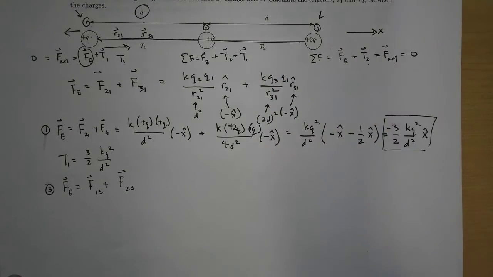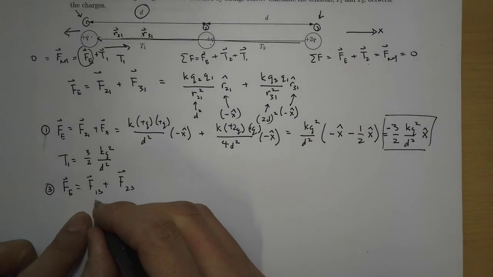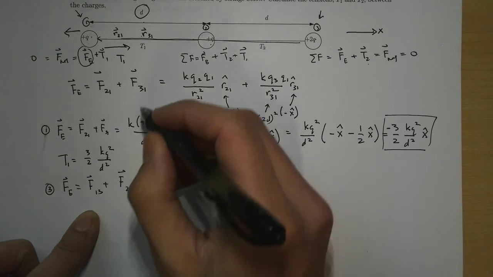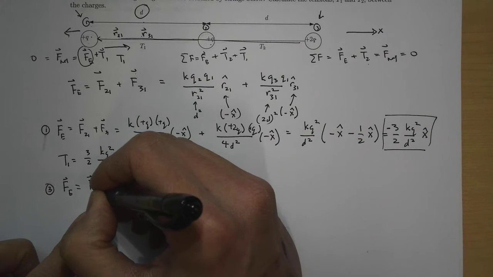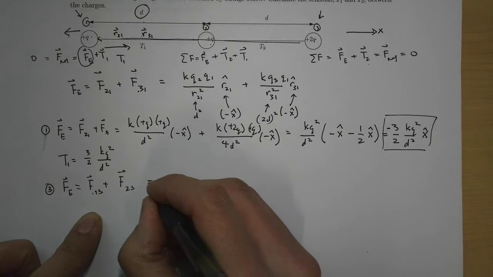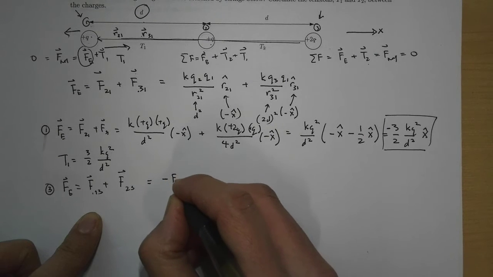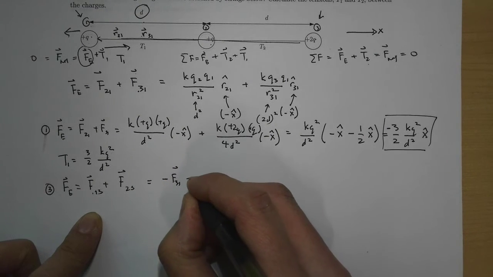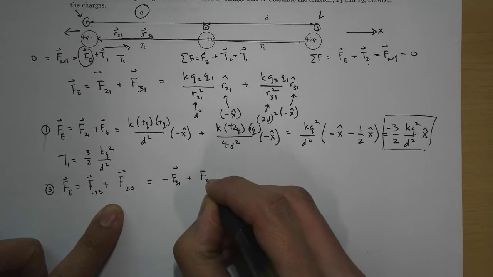Now this one, surprisingly enough, is something you just calculated. In fact, this force F13 is just the minus of F31. So this is going to be equal to minus F31 plus F23.